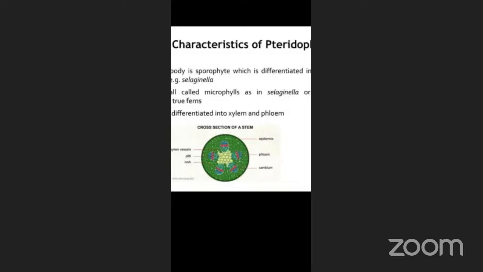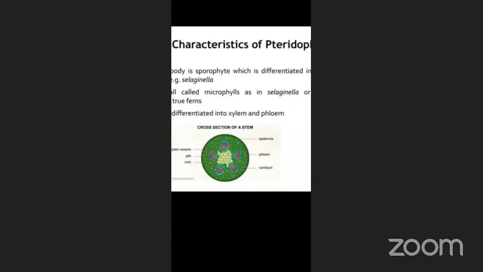The alternation of generations occurs here, meaning the haploid condition and diploid condition alternately come. So these are some general characters of the pteridophytes.